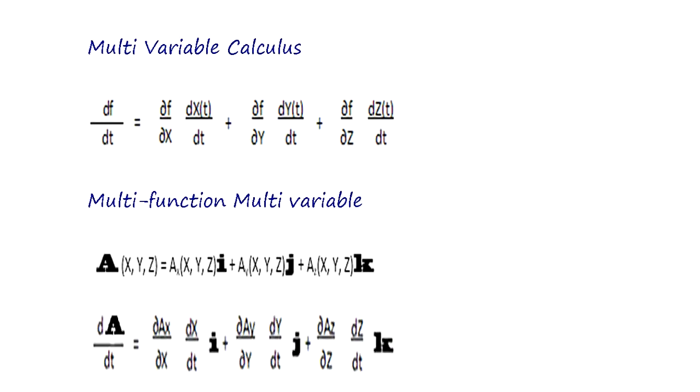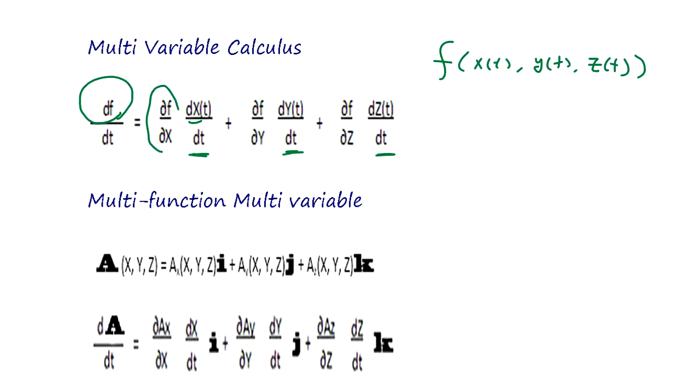Now, when you have a function f, for example, f of x(t), y(t), and z(t), this kind of function, when you take a derivative by t, you take partial derivatives: the derivative of x over t, and you repeat for y and z.